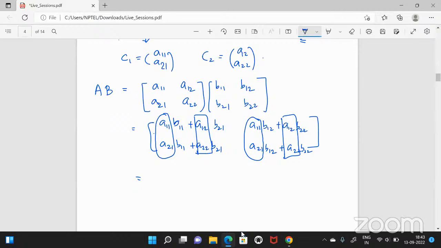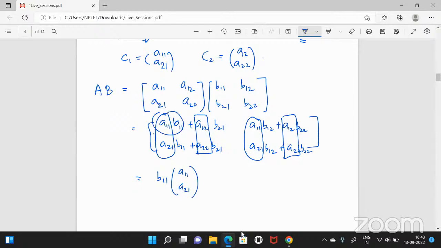For the C1 vector, we have a common coefficient B11. So it's B11 C1. B11 is a number, C1 is a vector. So I will multiply each component of the vector C1 with B11, right? A11, A21. Can I write it like this?